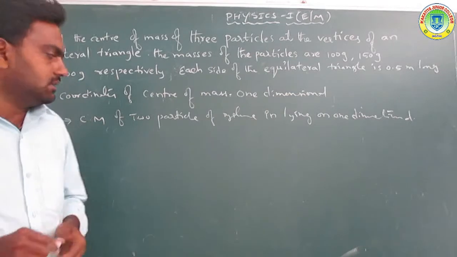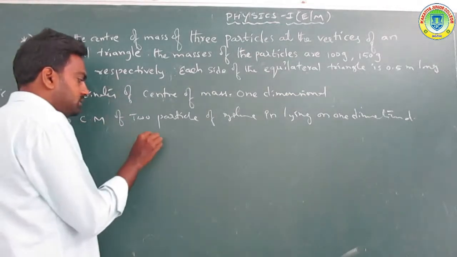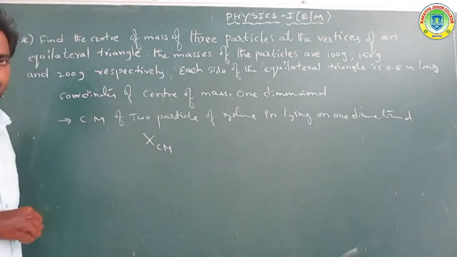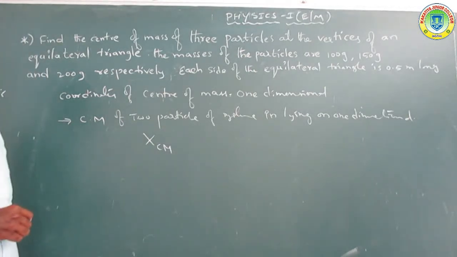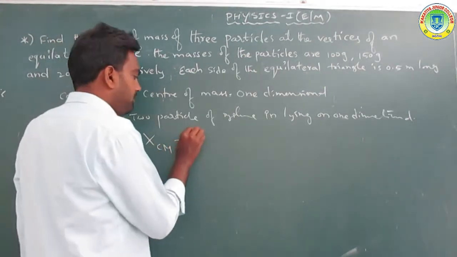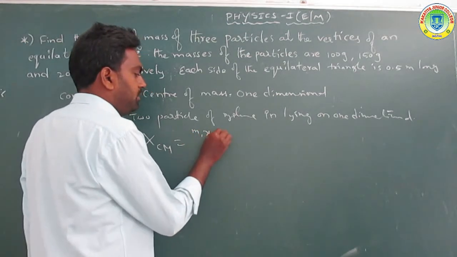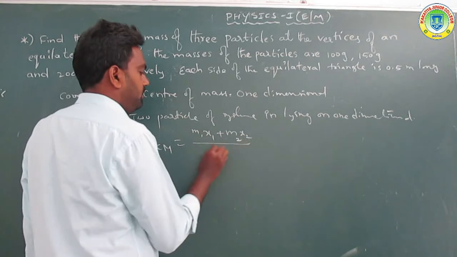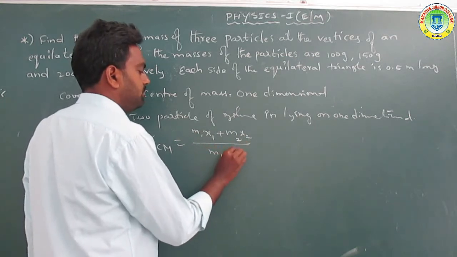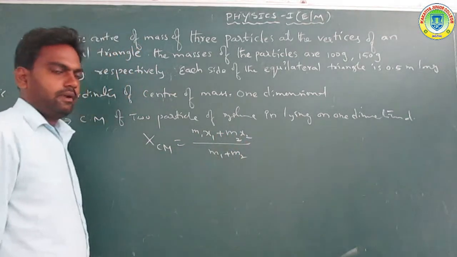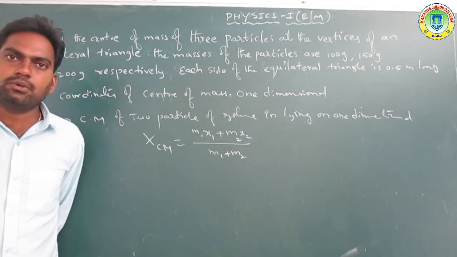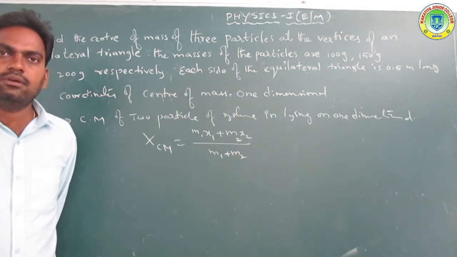So we can write x cm, where cm is nothing but center of mass, is equal to m1 x1 plus m2 x2 by m1 plus m2. What are m1 and m2? They are the masses of the two particles or the two bodies.